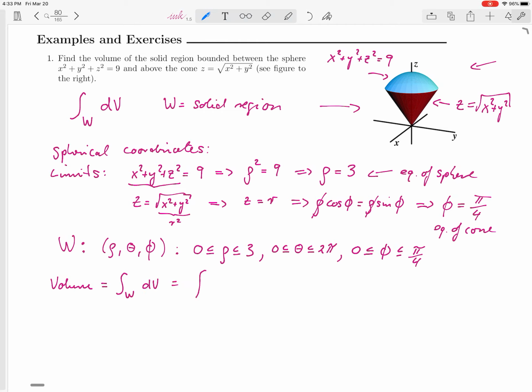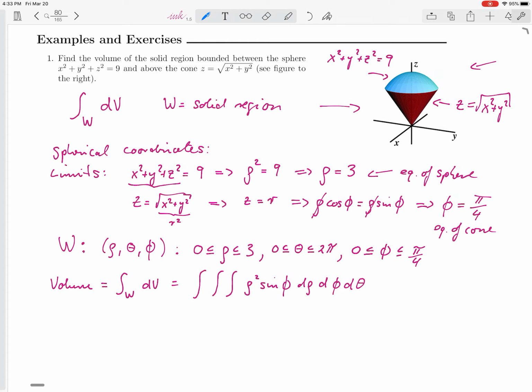Now the integral of W, we need to turn that into a triple integral, and then we still have dV. dV, if you go up to the dV element in spherical coordinates, is rho squared sine phi d rho d phi d theta. And I can reorder that, and I actually will reorder it in a minute.